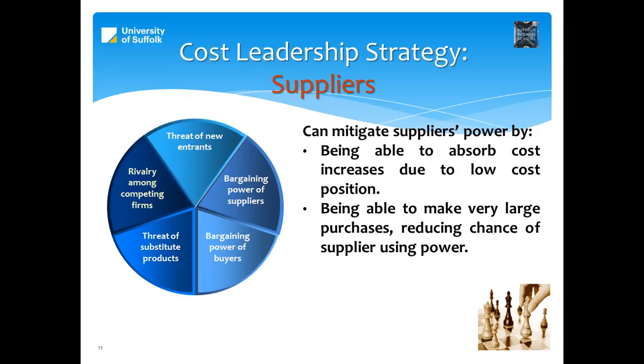However, you can turn this round the other way, because if you're buying extremely large purchases from them, you can use your power, and if that supplier is making things mainly for you, it reduces the chance of that supplier using power, because they're dependent upon you.